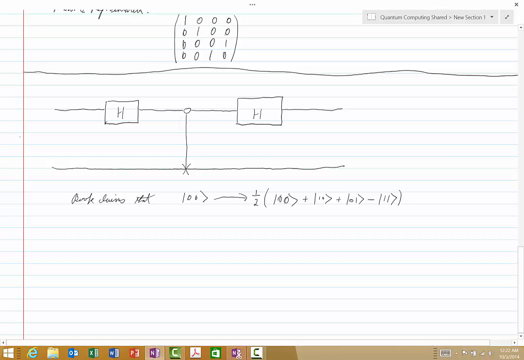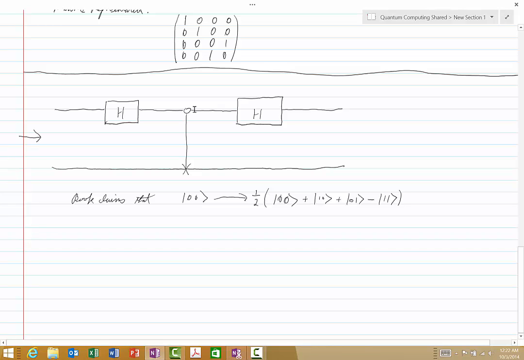And remembering our ket is coming in from the left, and so the first qubit, that's the top line. The first qubit will encounter this Hadamard gate, and at the same time that it's encountering the Hadamard gate, the second qubit is traveling on undisturbed until we get to this point, and then both qubits will encounter this controlled NOT gate.